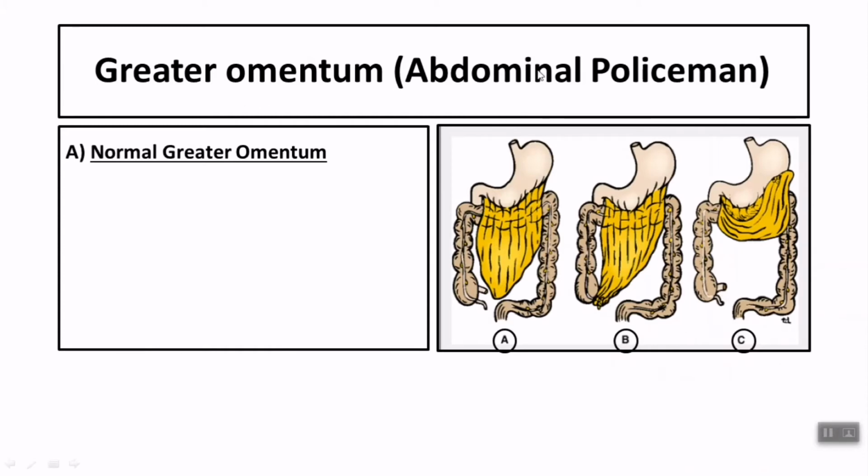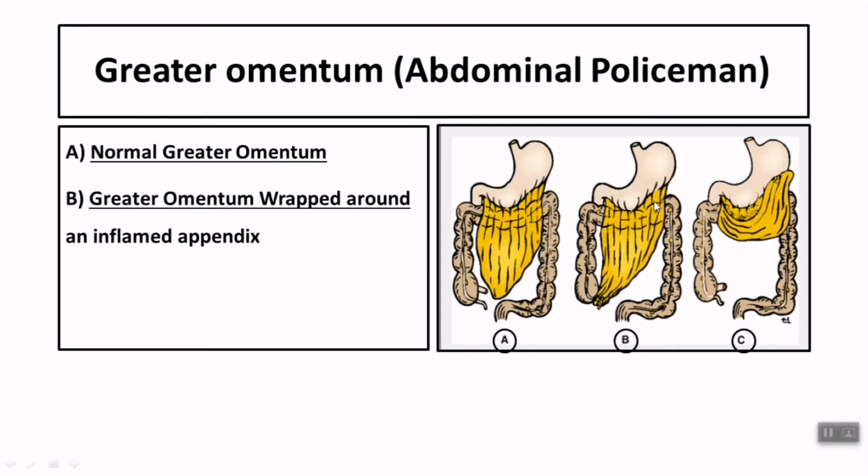This greater omentum is also called the abdominal policeman. From this figure we can see, first of all, A is the normal greater omentum. In B, we can see that the greater omentum is wrapped around, it means covering, an inflamed appendix.